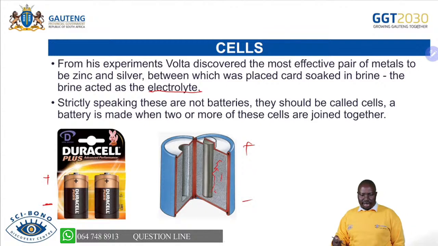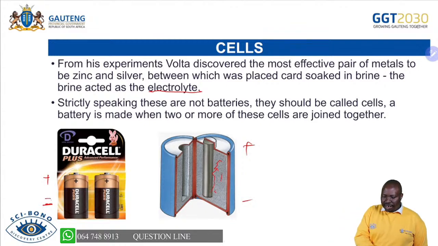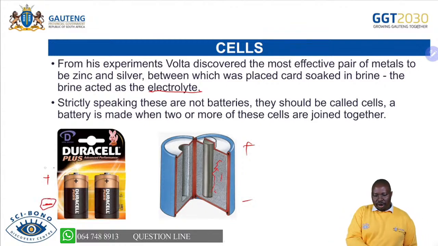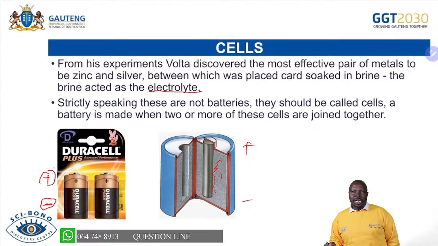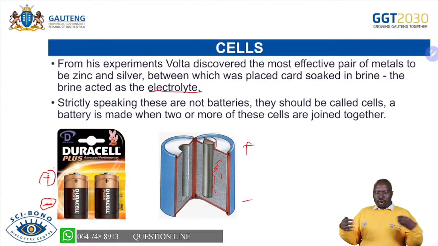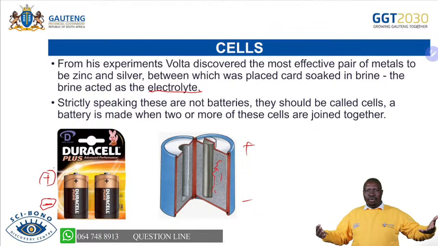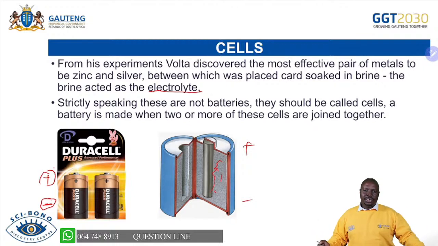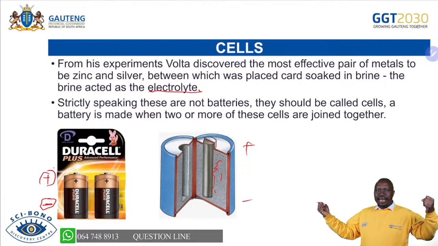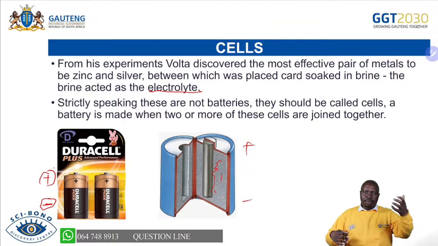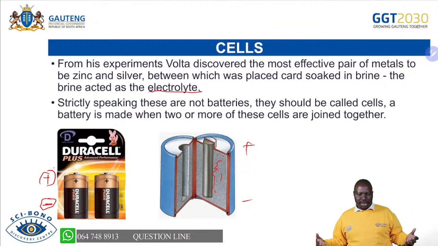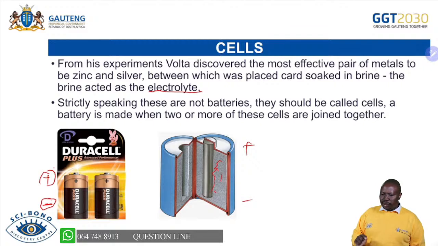We have a high concentration of negative charges here and a high concentration of positive charges there. And when the two mix up, the battery becomes flat. It just means that we no longer have that polarity, the difference between the positive charges and the negative charges. So it's very important that you understand.